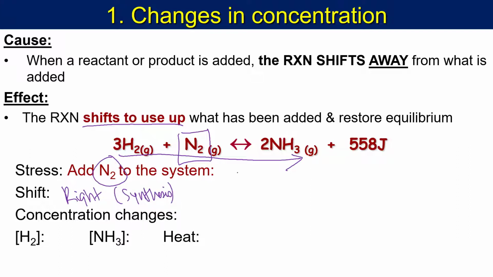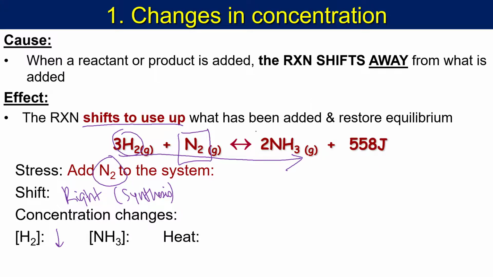Now we have to figure out what that will do to the concentration of my other reactants and products. If we are shifting to the right and running a synthesis reaction, what's happening to the concentration of H2? The amount of H2 in my system now goes down. Why? Because we are using H2, combining it with N2 to make NH3.